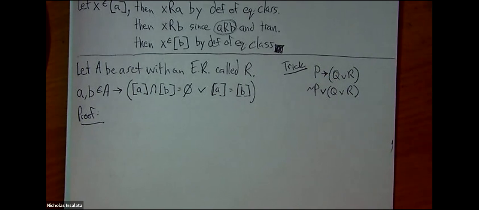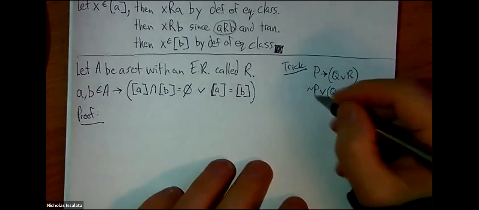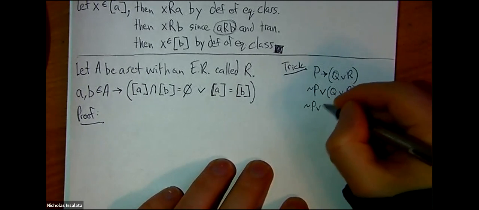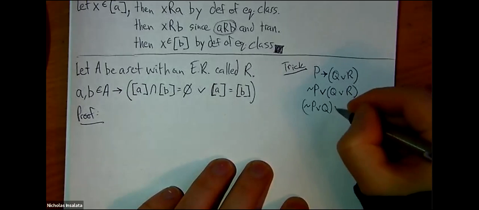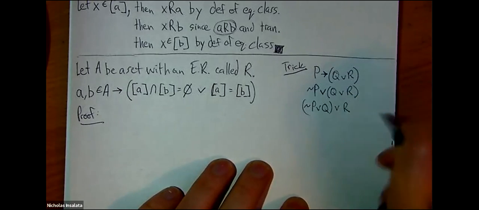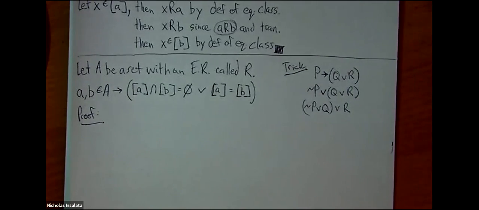We can also use the associative property to say not P or Q or R. What could I do next?